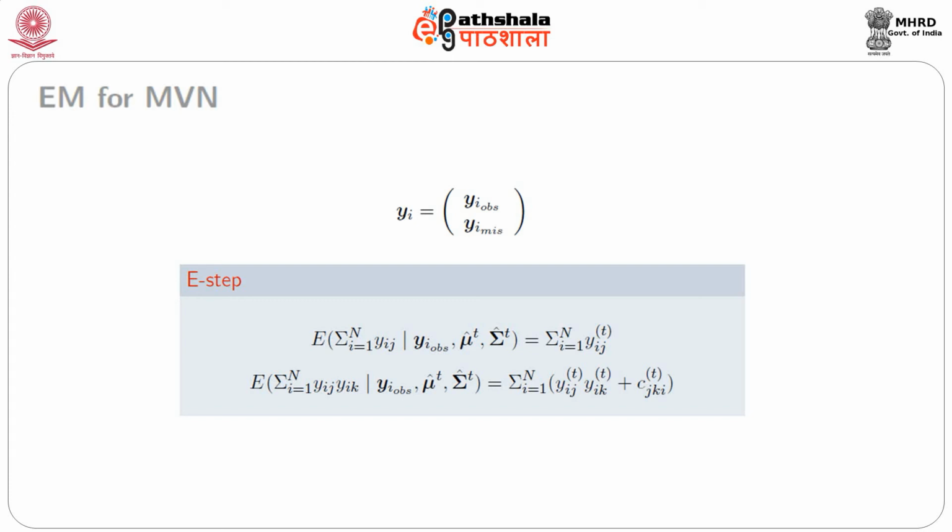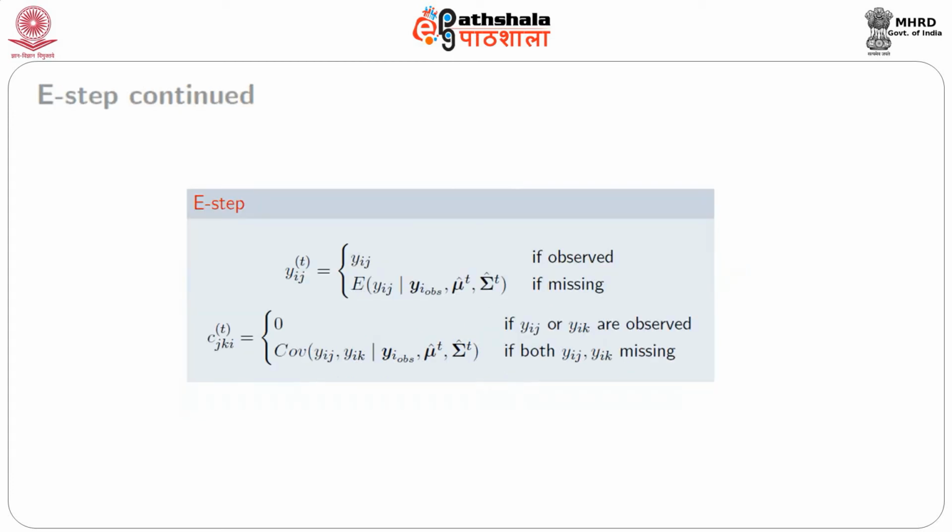Now, here we have introduced this c_jk,i^t, but let us see what these terms are. So, y_ij^t is y_ij if observed, and y_ij^t is the expectation of y_ij given y_i observed, mu hat t, sigma hat t if it is not observed. So, that is the conditional mean or the conditional expectation of y_ij. And c_jk,i^t, what is this?